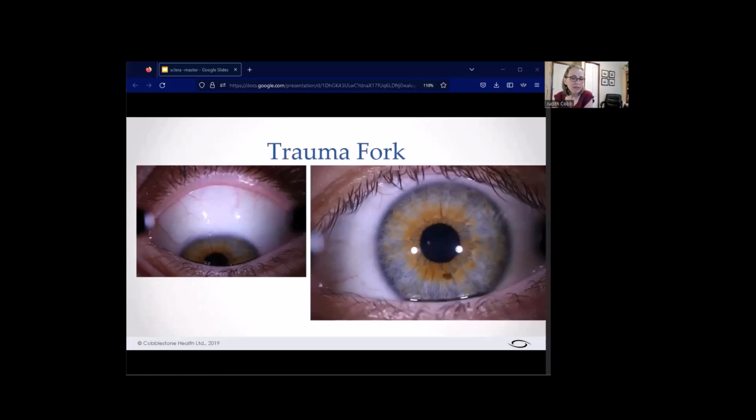So what this trauma fork tells us is, number one, there has been a trauma, and it could be physical, it could be environmental, as in a toxic environment, it could be emotional, anything that is really significant. In this case, it was physical.